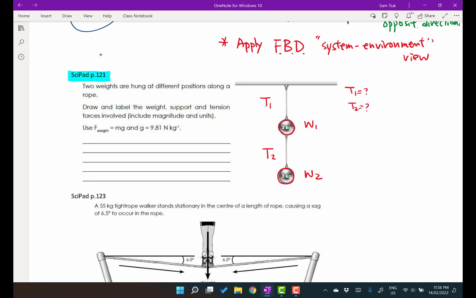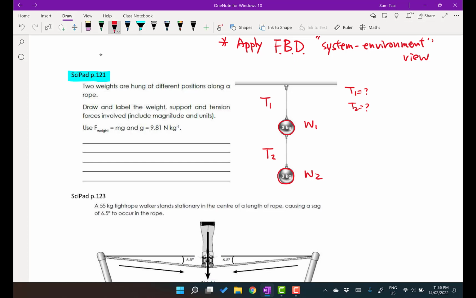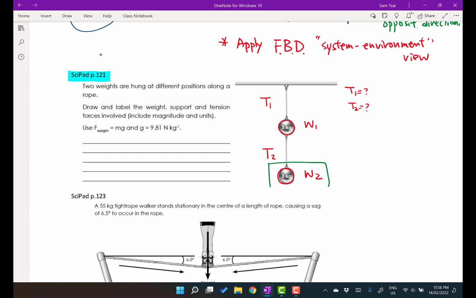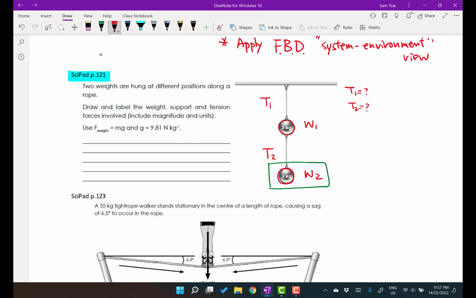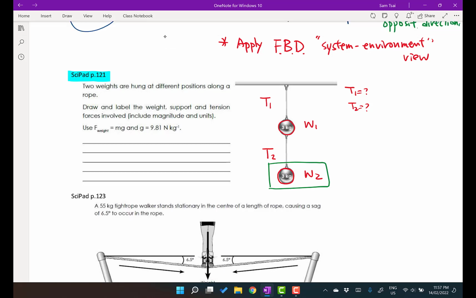We apply the free body diagram. If we choose W2 as the system, what forces are acting on W2? I think you know it's gravity. So this is gravity W2, which will be mg. And another one, T2, becomes the external force. Because W2 is stationary, the upward force equals the downward force.